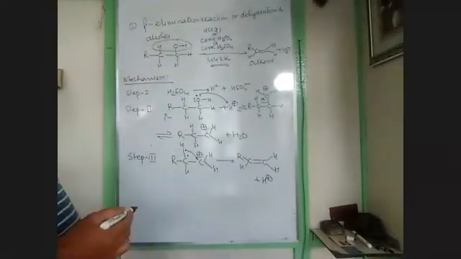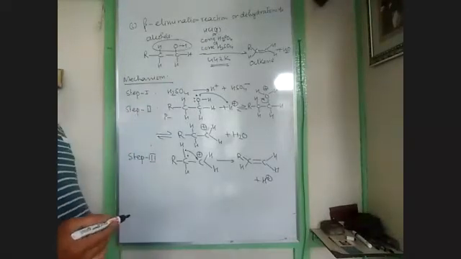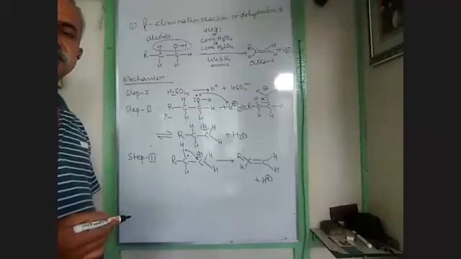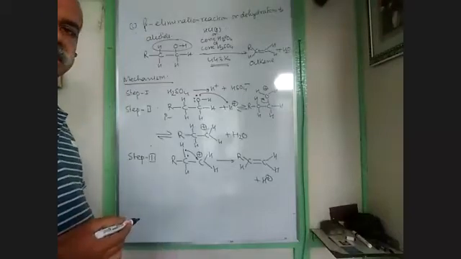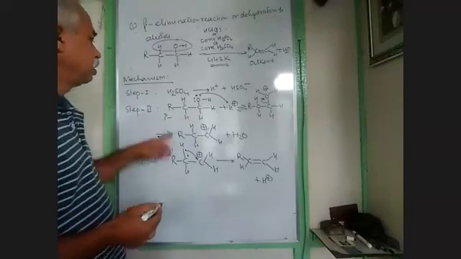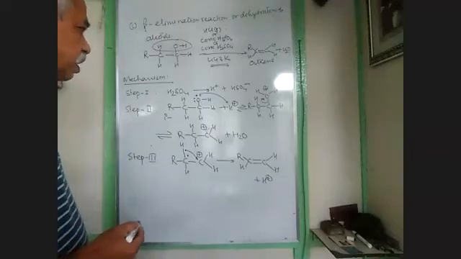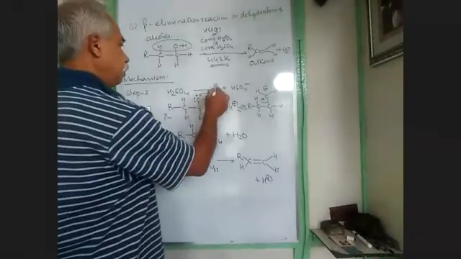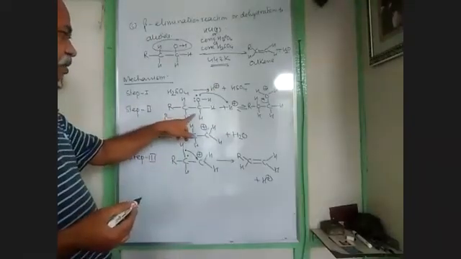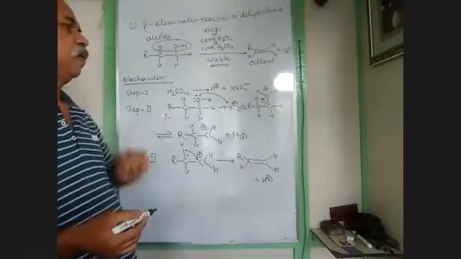So again, I am explaining the mechanism. When you add concentrated sulfuric acid or phosphoric acid to alcohol, and if you heat it at 443 Kelvin, what will happen? First the acid will give you H plus ion. Now, as alcohols are weak bases, it will immediately react with the acid to form an oxonium ion.